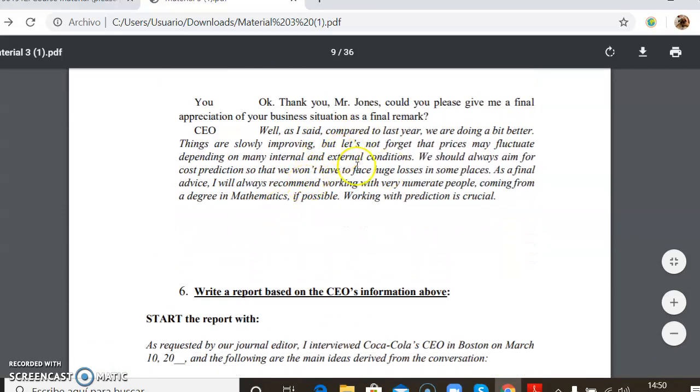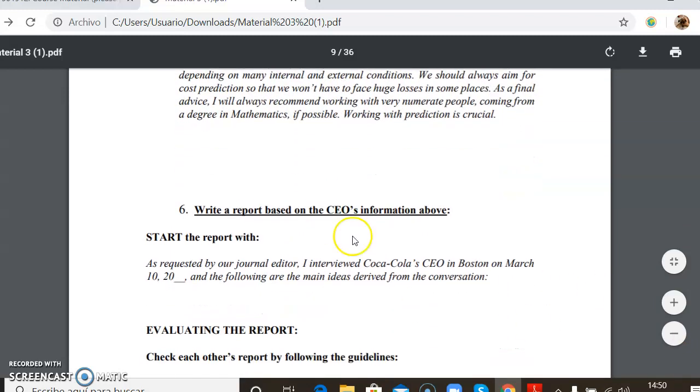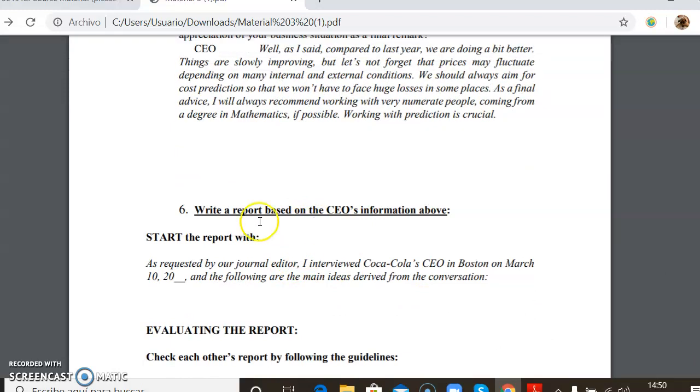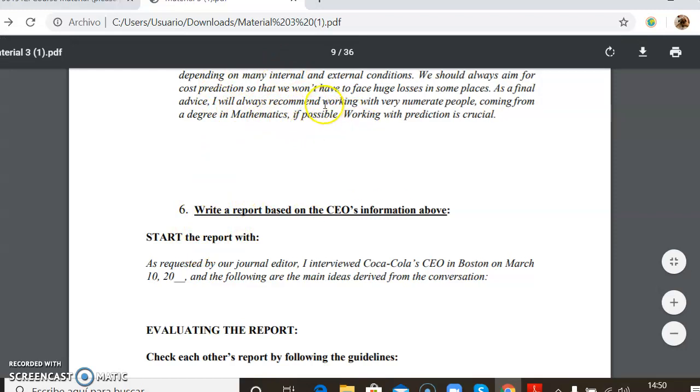Okay, until here, and then number 6, you do it in module 3. Is the report that you do in module 3 until April 30th. And this is based on what the CEO said in activity 5. Okay, so that's it.